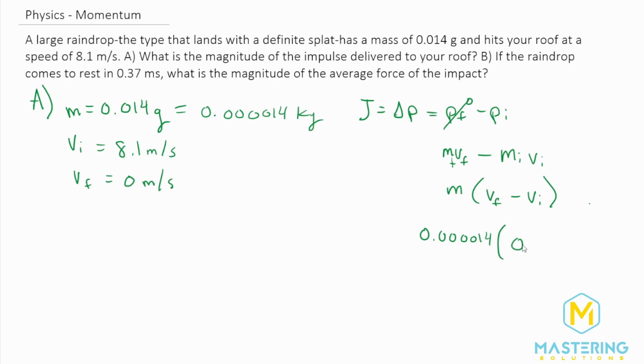And then we have 0 meters per second minus the initial velocity. And this is where the book is being a little tricky, because what they say is the initial velocity is a negative 8.1 meters per second. And so when we do that, we end up with a positive answer, meaning the impulse is positive, which is what we need.